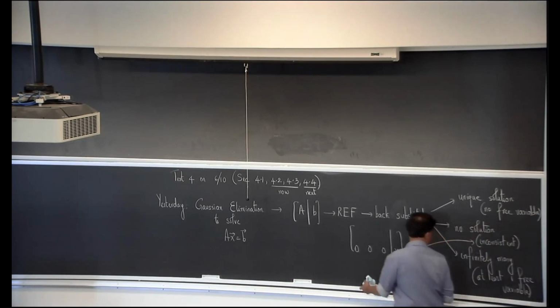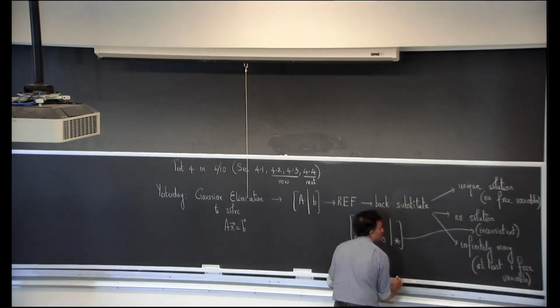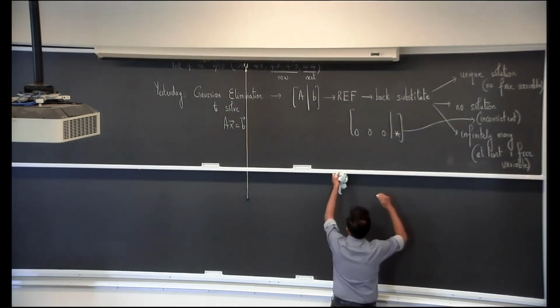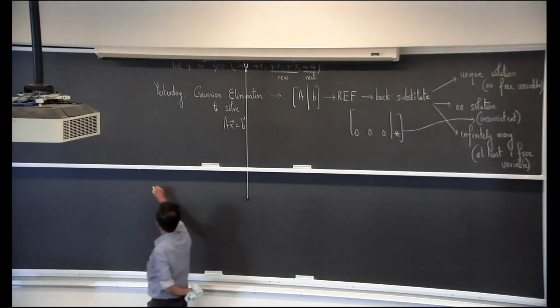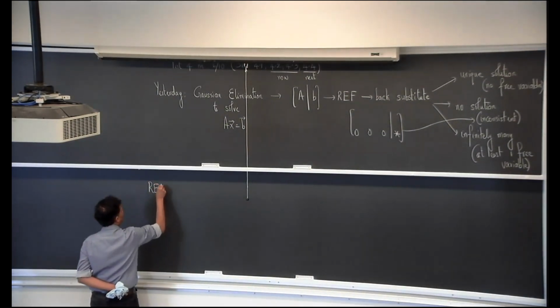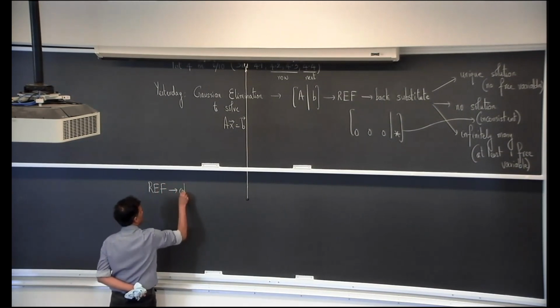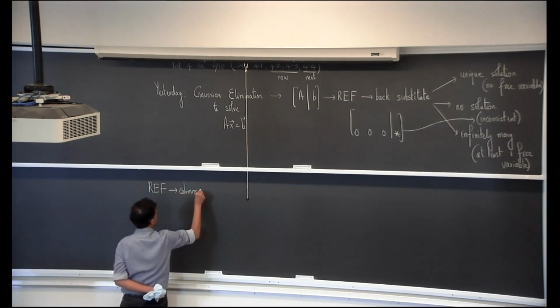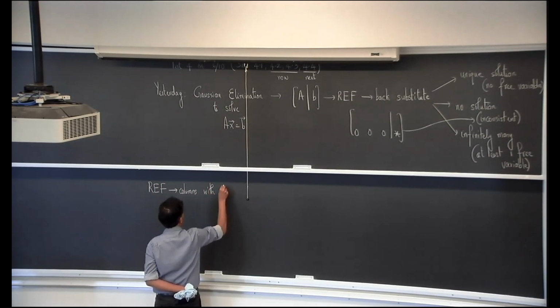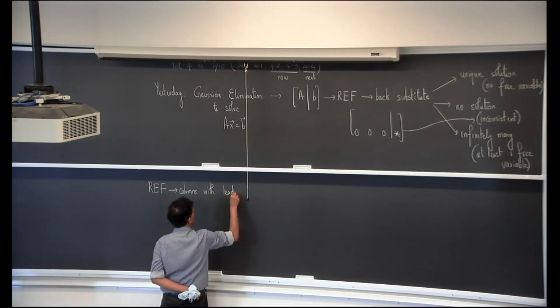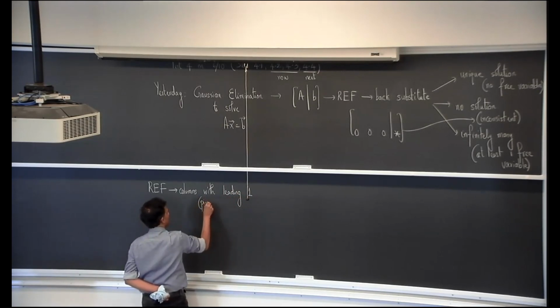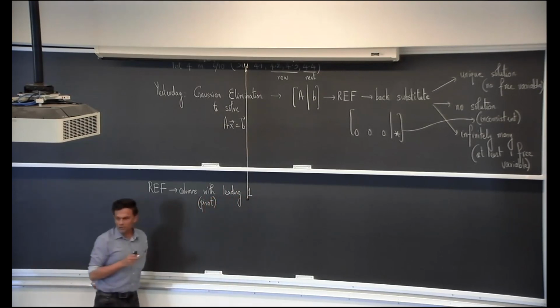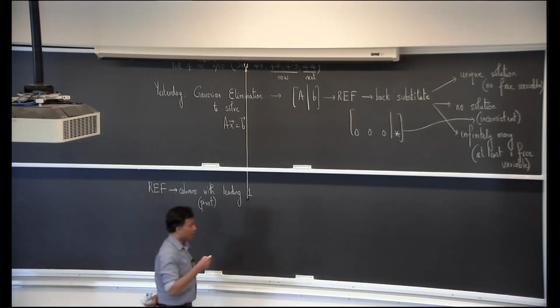And the way to look for the free variable is, if in your REF, the columns with the leading one, those are called the pivot columns. Those variables are the ones which are basic.